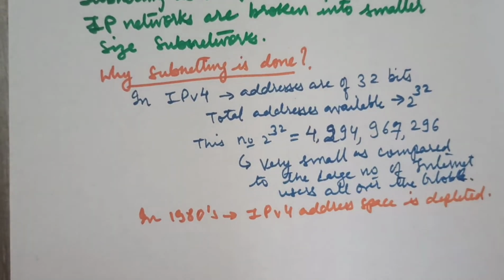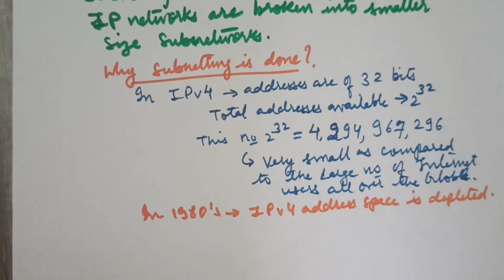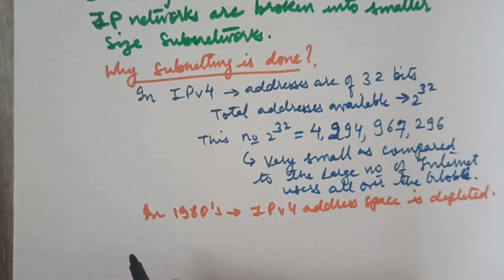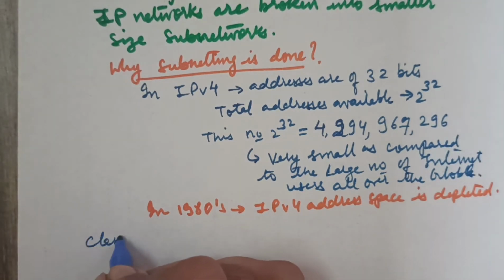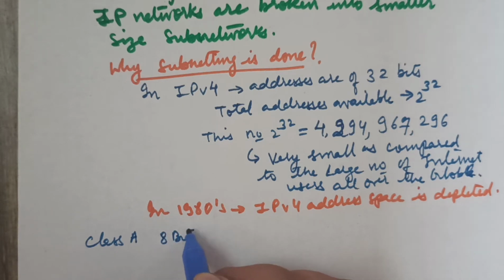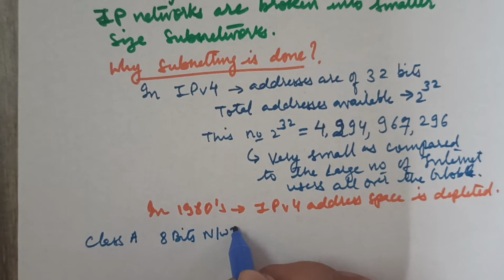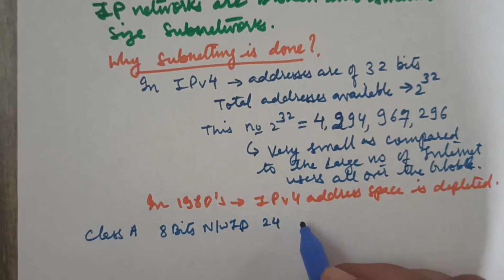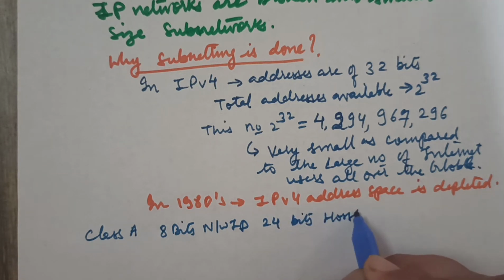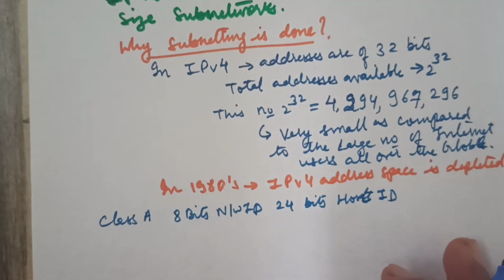And in IPv4 there are different classes of addresses. Class A IP address has got 8 bits in network ID part and remaining 24 out of 32 bits are there in host ID part. This IPv4 address is having a two level hierarchy.